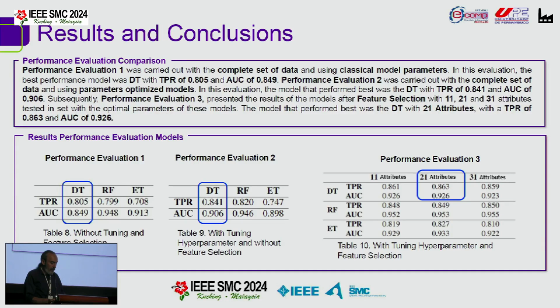In this evaluation, the model that performed best was DT with TPR of 0.841 and AUC of 0.906. Subsequently, performance evaluation 3 presented the results of the models after feature selection with 11, 21, and 31 attributes, tested with the optimal parameters of these models. The model that performed best was DT with 21 attributes, with TPR of 0.863 and AUC of 0.926.